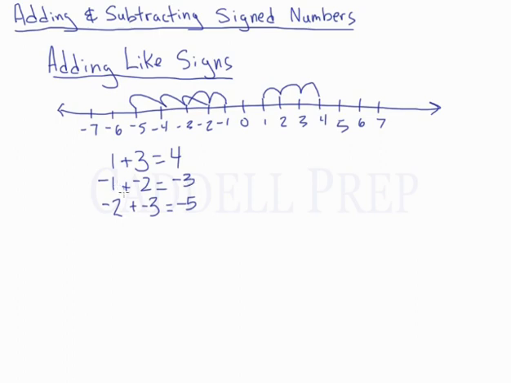They're both negative, so negative 1 plus negative 2 would be negative 3. 2 plus 3 is 5. So negative 2 plus negative 3 is negative 5. So when the signs are the same, we're just going to add the numbers together. And keep the sign.